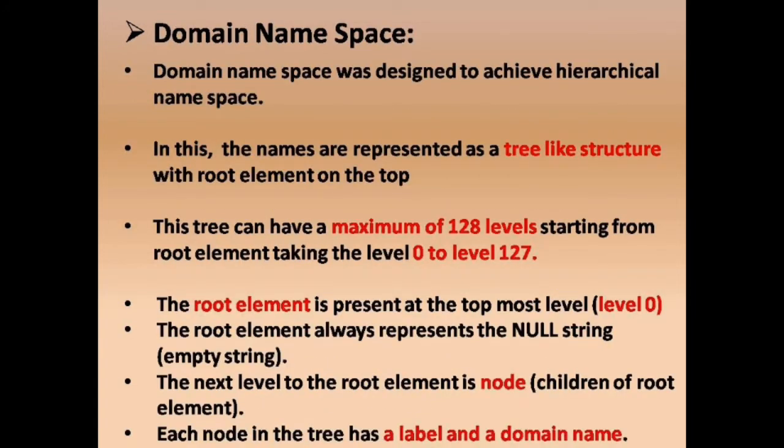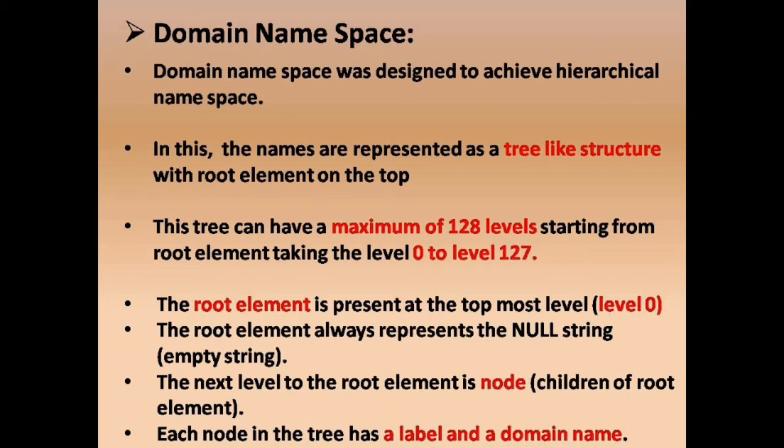Domain namespace was designed to achieve hierarchical namespace. It consists of a perfect structure which will be used for large systems. In domain namespace, the names are represented as a tree-like structure from the root element on the top.